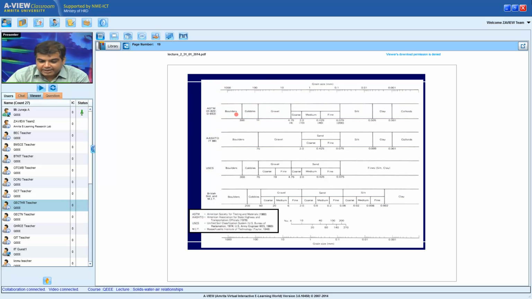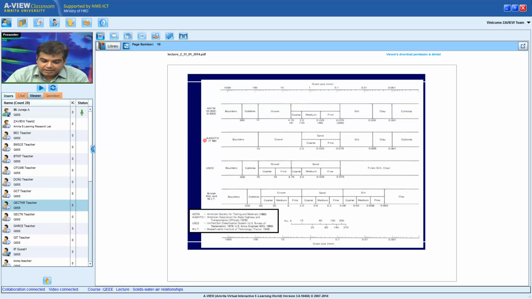So in a sense, without going into what these are, this is an example of a range of particle sizes for different codes or different methods which they follow. In the topmost is the ASTM. Like I said, the Americans are also quite confused about which method to follow. The ASTM is one American method, the AASHTO is the second American method, and the USCS is the third American method.